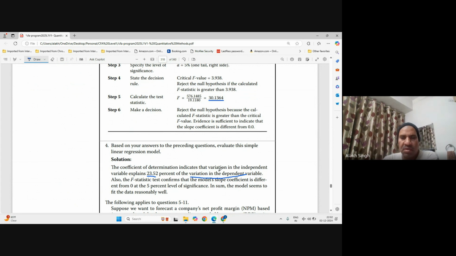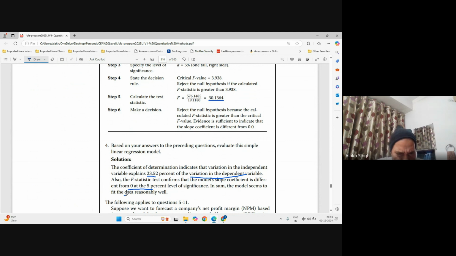So no, 1 unit of variation will explain 0.2352 change. So increase x by 1, y will increase by 0.2352. Also, the t statistic confirms that the slope coefficient is different from zero at the 5% level.